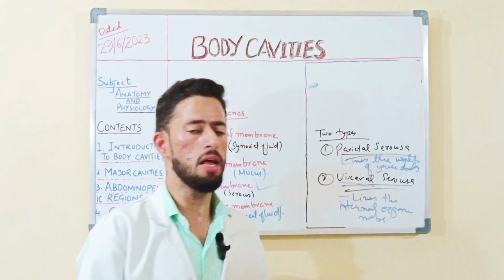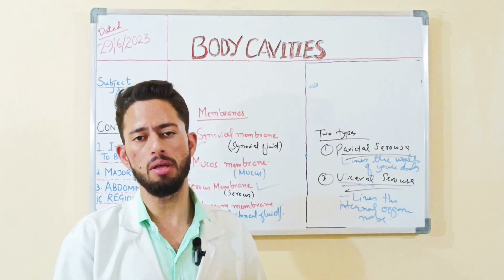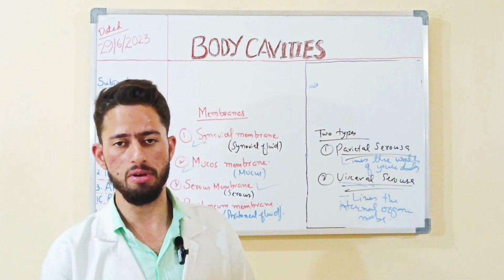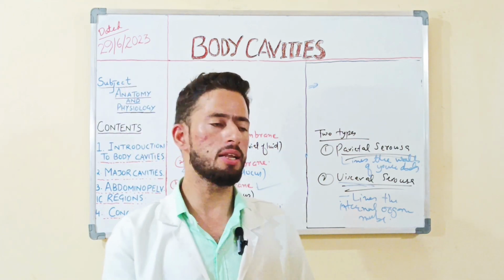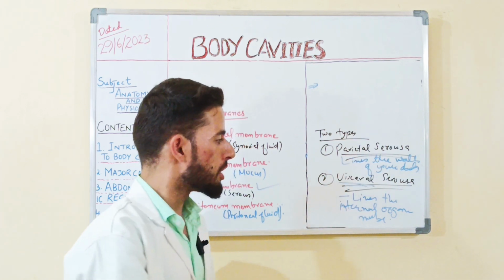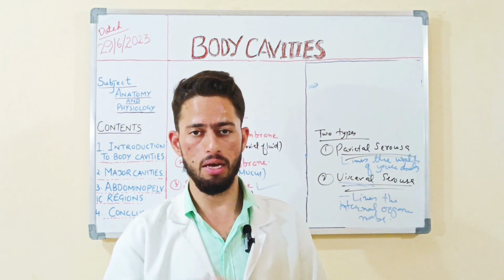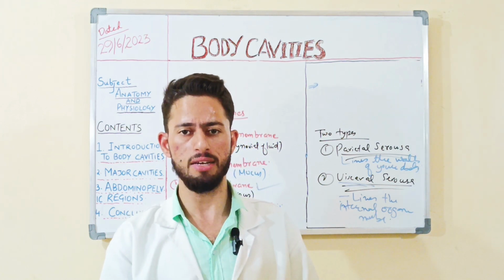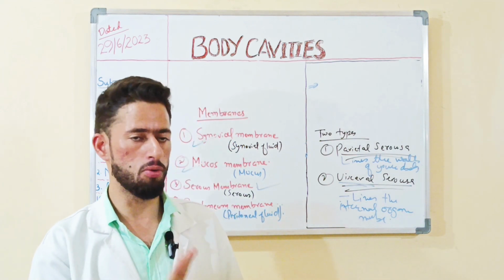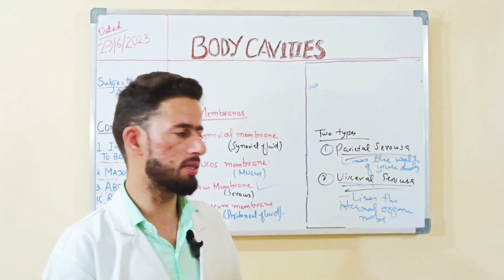The main function is that it prevents your internal organs from the friction caused by the muscles. The friction due to muscles does not affect the internal membranes of your body.